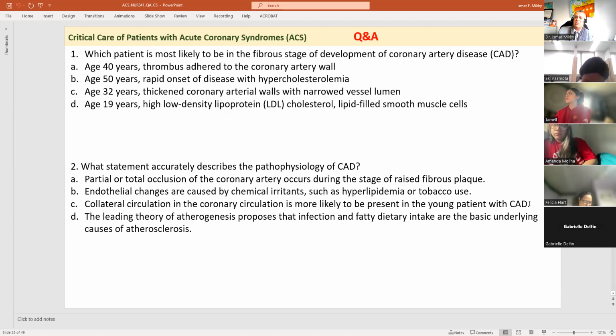What keeps that specific area of the heart from being deprived of perfusion is a good collateral circulation. If you recall the collateral circulation, the heart and the brain, right? I think we talked about this concept. So it's all about the blockage and the narrowing of the vessel. Okay, good. Number two.